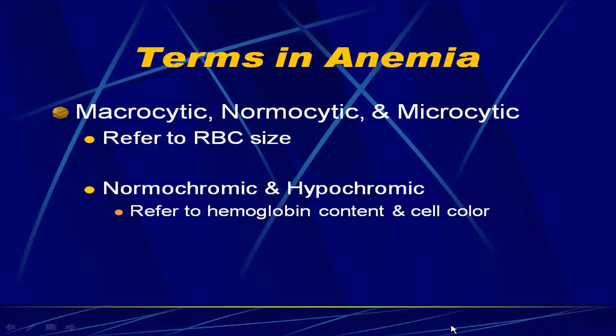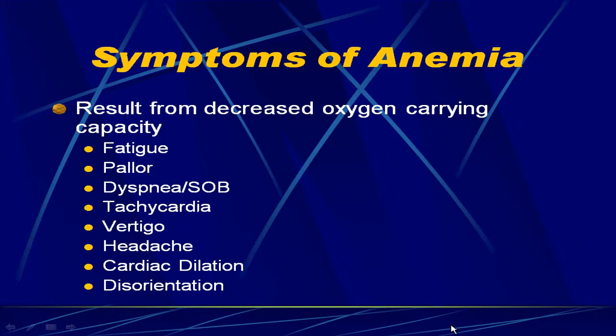When we look at the normochromic and hypochromic red blood cells, this refers to the hemoglobin content of the red blood cell and the cell color. So again, when we look at macrocytic, normocytic, and microcytic, we're just looking at the size of the red blood cell. But with normochromic and hypochromic, we're referring to the hemoglobin content and the cell color.